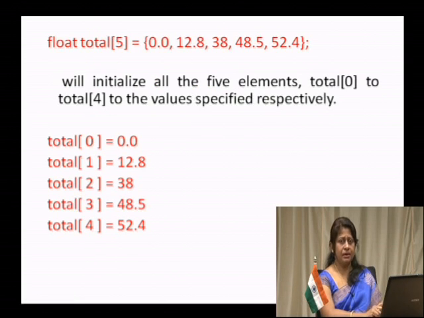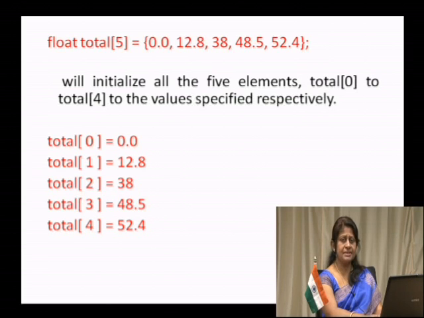In the same manner, I could have an array which consists of a floating point data type. So I make a declaration such as this: float total of 5 is equal to, and I am giving some values within the flower parenthesis, which means that the first value, 0.0, is going to be assigned to the first location of the array, the first element in the array total.